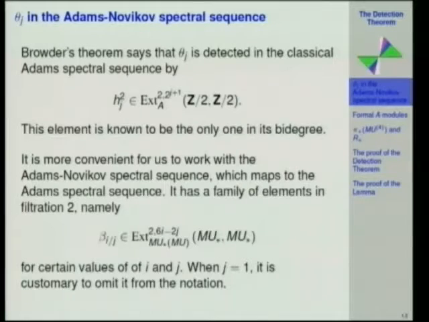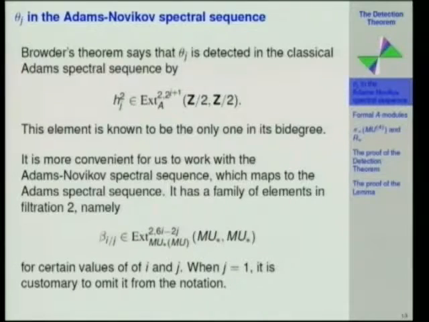And in the Adams-Novikov spectral sequence, there are elements known as beta slash ij that he mentioned that occur in this particular bidegree. This superscript here is 6i minus 2j. And you have this for certain values of i and j.